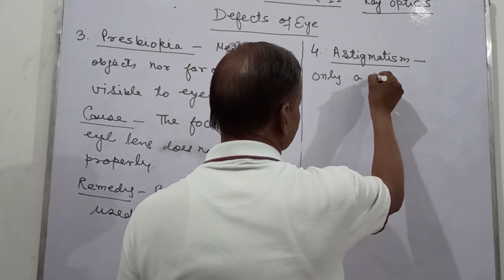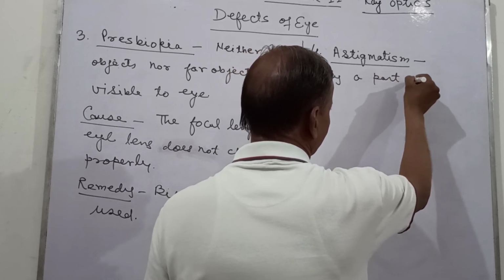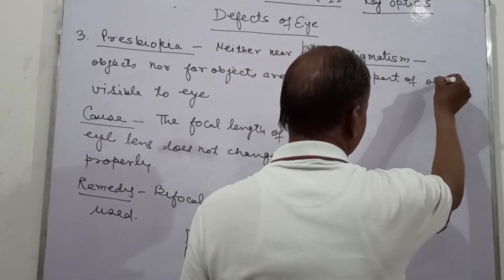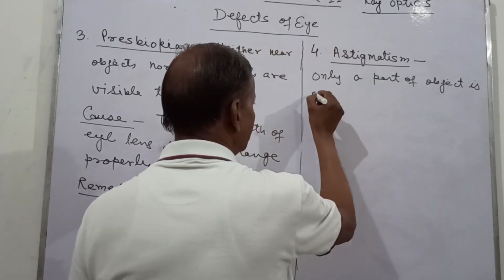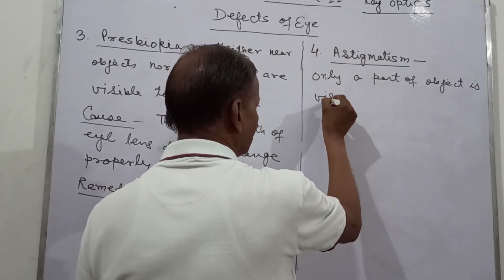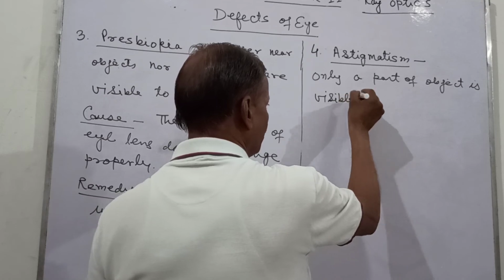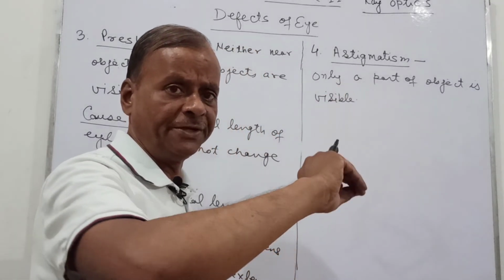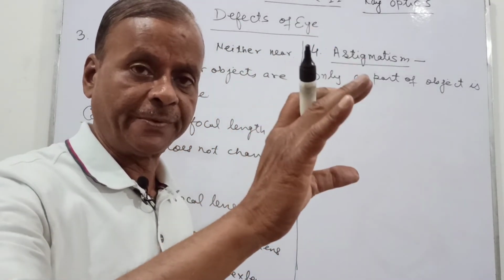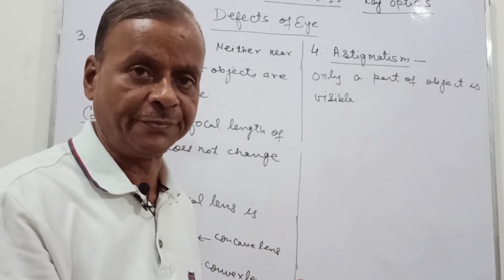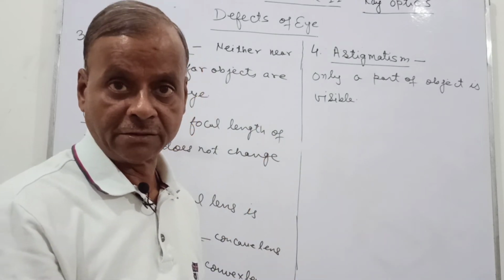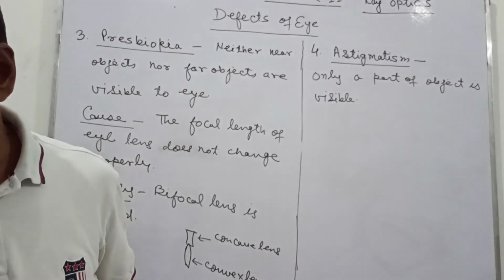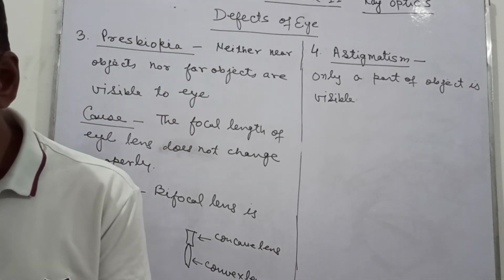So this lower part or middle part or the upper part is visible, remaining are not visible. It means that the image is blurred and this cannot be distinguished.